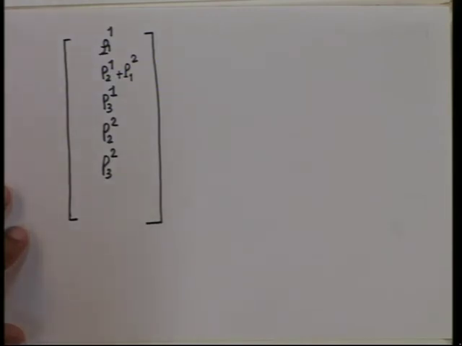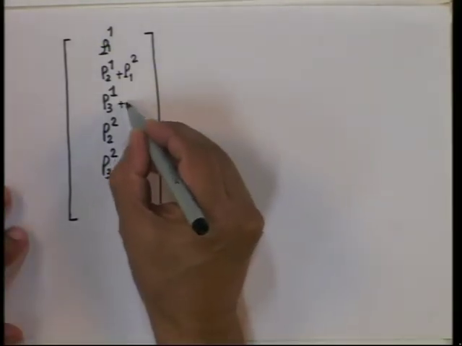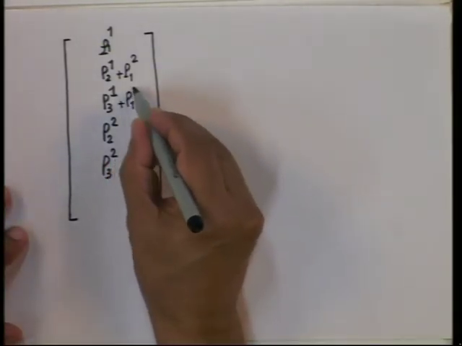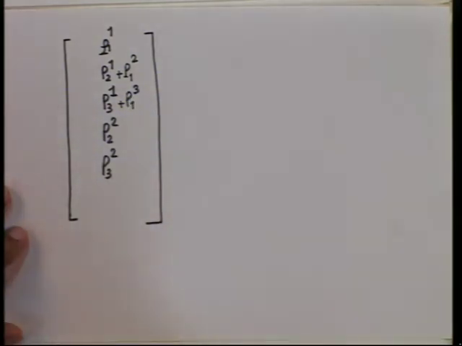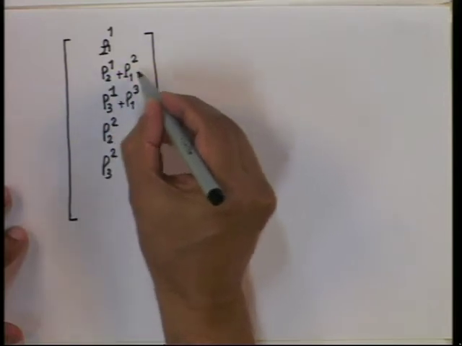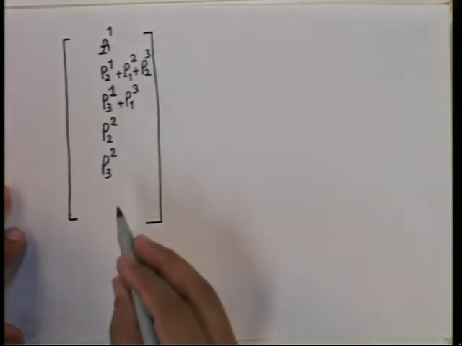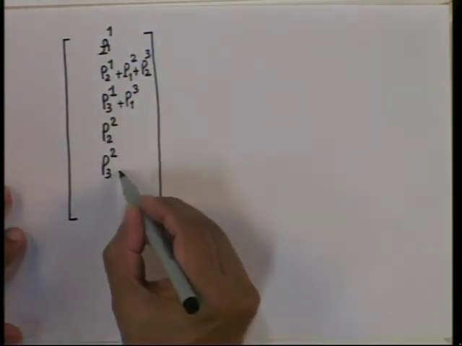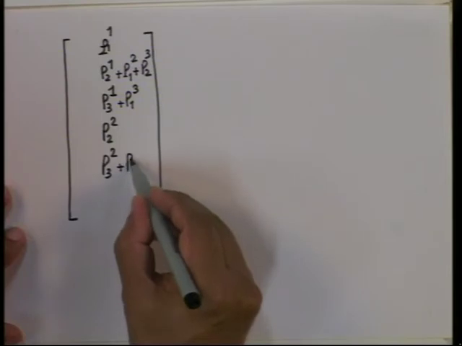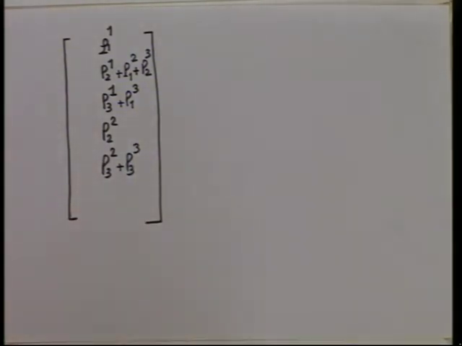Third one is 3, 2, 5. So, plus p 1 of 3, then 2, p 2 of 3 and 5 is here, plus p 3 of 3, and last one is 3, 5, 6.